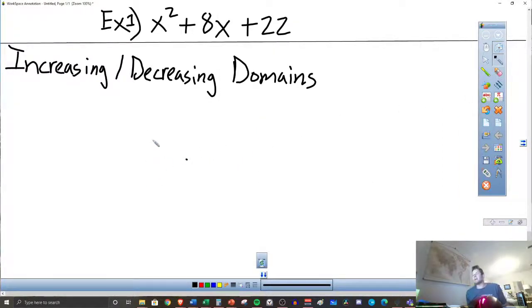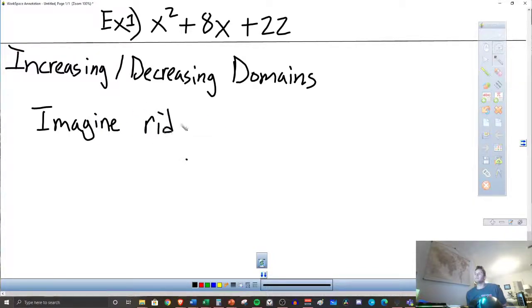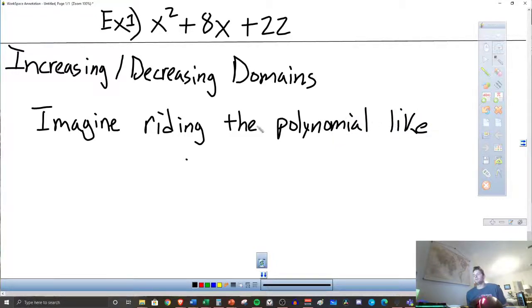So that's what we're going to talk about here. And I'm going to write this. So to find these, I'm going to say imagine writing the polynomial like a roller coaster.